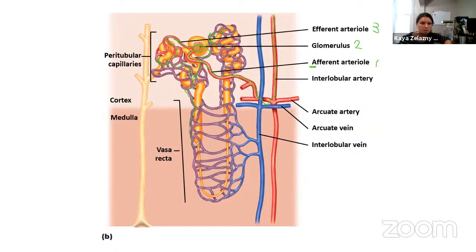Going around our loop of Henle, that nephron loop, right? So surrounding the whole nephron. So this part around the loop of Henle is called the vasa recta. And we'll talk about how the direction of flow in the vasa recta is going to be important to the function of the medulla as a whole and to the processes we see in our loop of Henle. Okay, so that's the blood flow around our nephron.